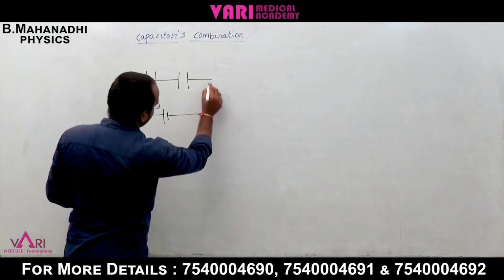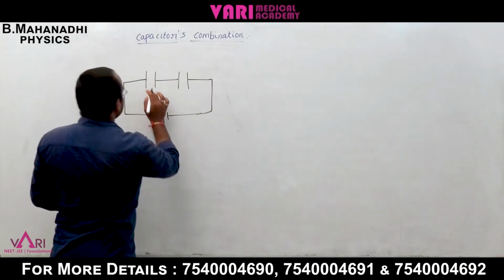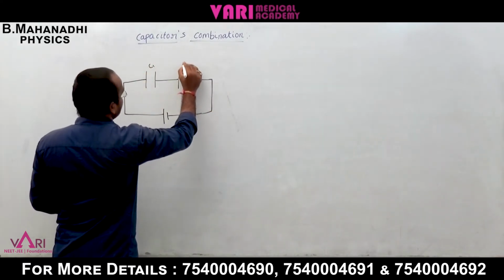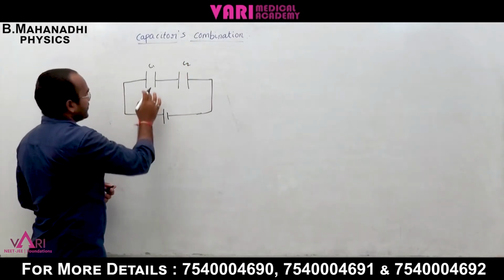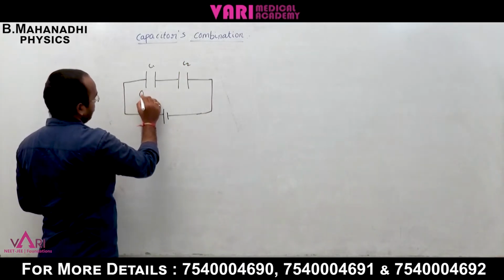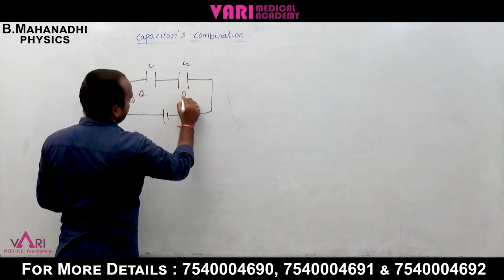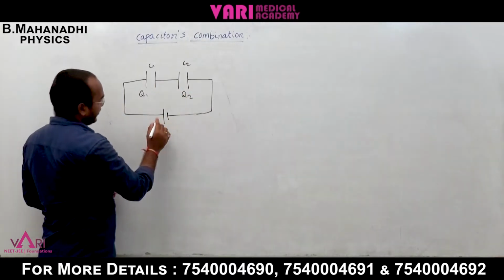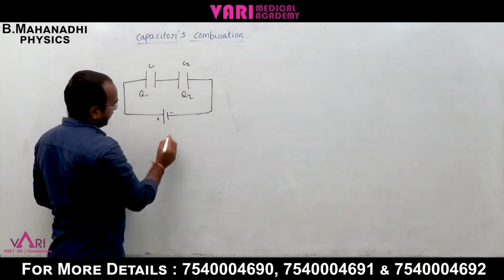A battery is connected with two capacitors, capacitor C1 and capacitor C2. The first capacitor has charge Q1, the second capacitor has charge Q2, with the battery's positive terminal and negative terminal.